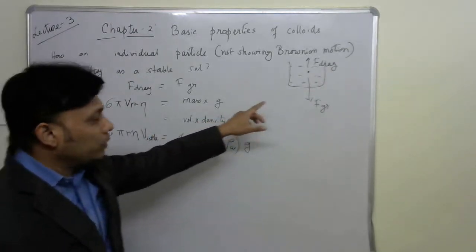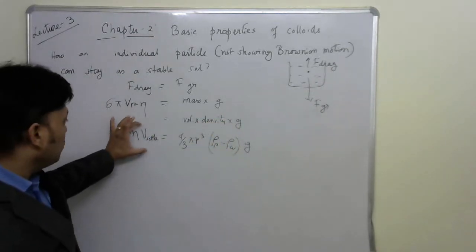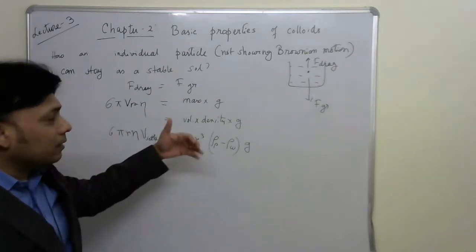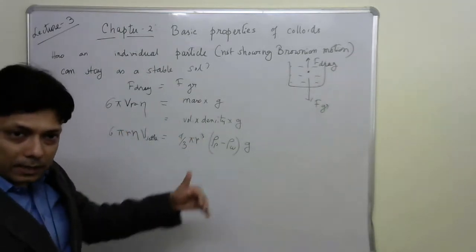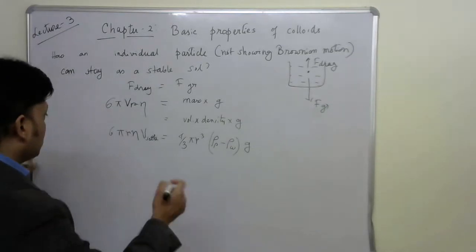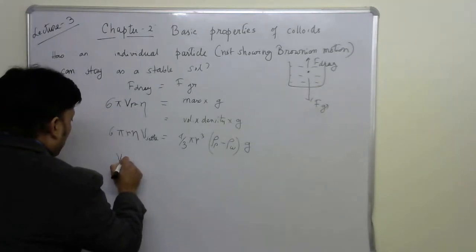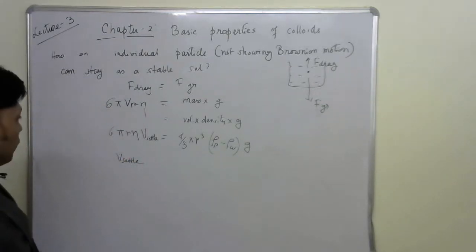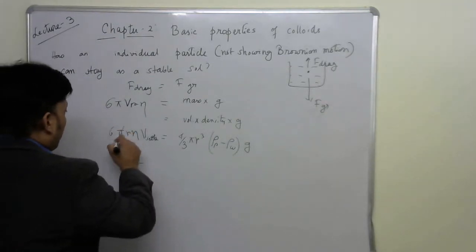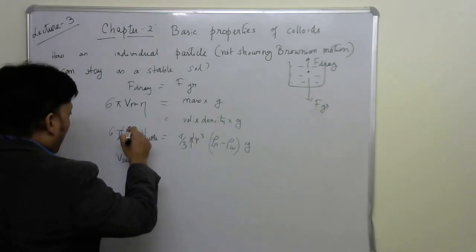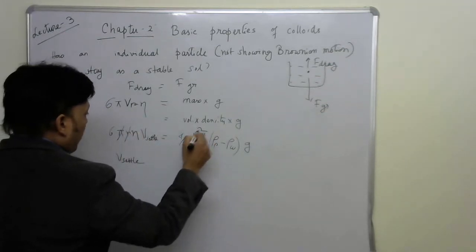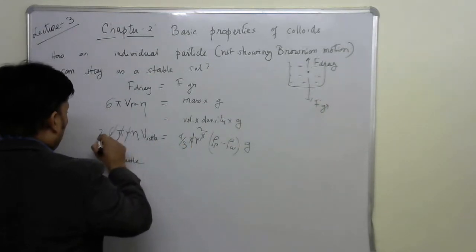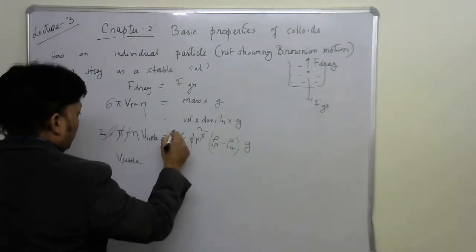So from this we can get an idea of what should be this critical limit of the V settlement, beyond which the particle may settle down, or less than that the particles stay afloat. So let's try to solve this V settlement. Okay, so if I try to solve it here, you see pi cancels out, we have r here, so it leads to r square, and we have 2 here, 3 here, and 2.